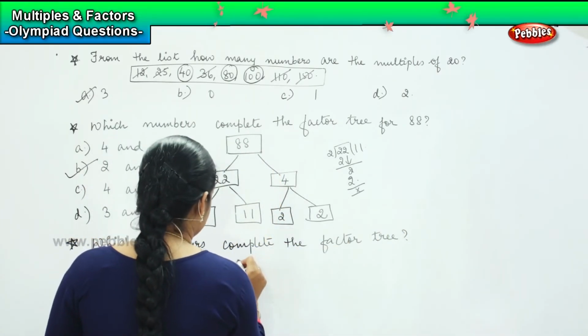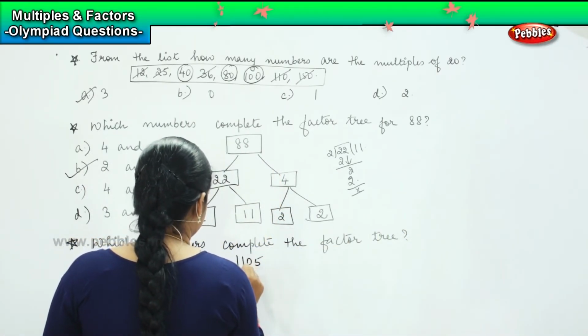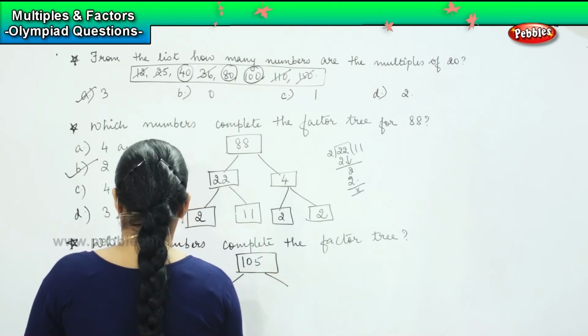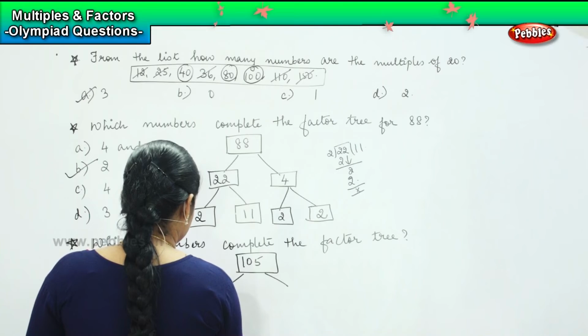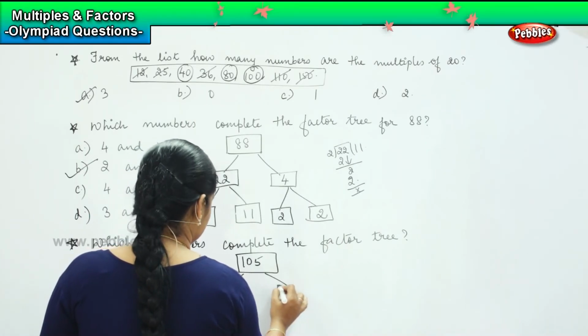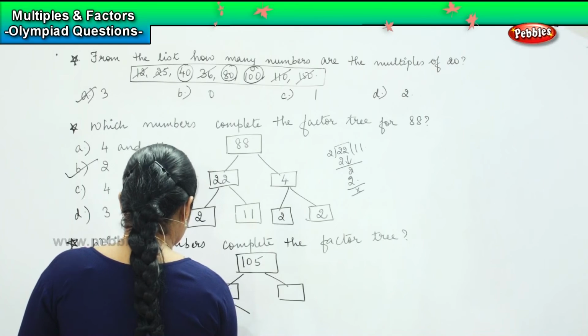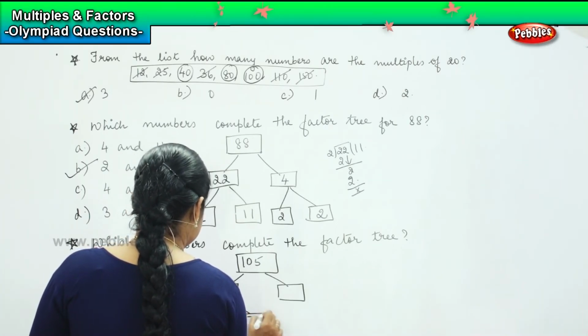And this is your diagram. Here it is 105. Here you have something. Here also you have something. This will be 3 and 7.